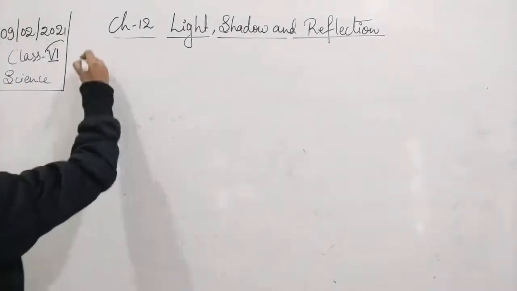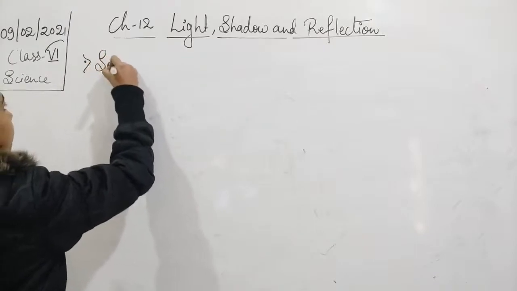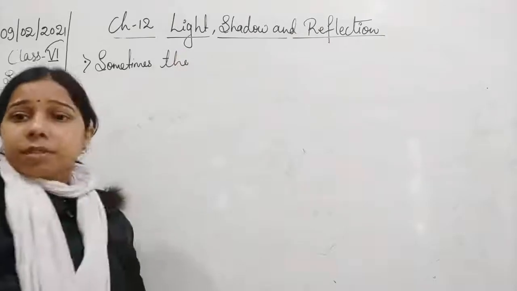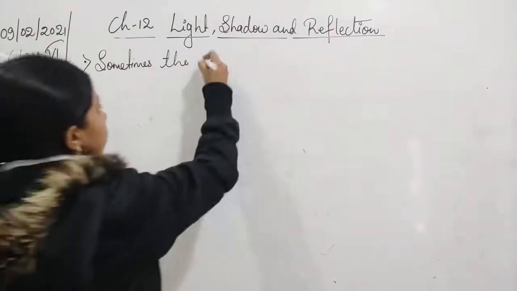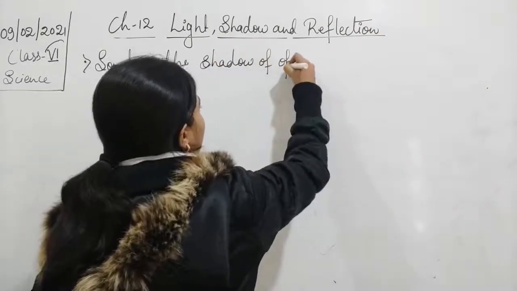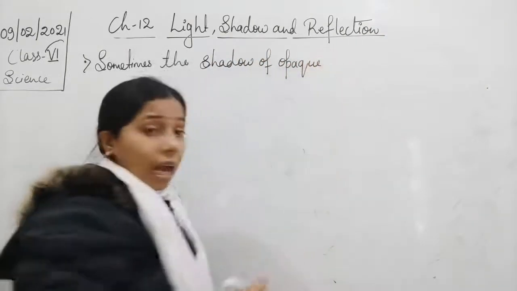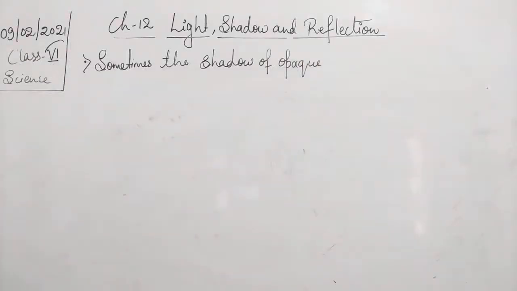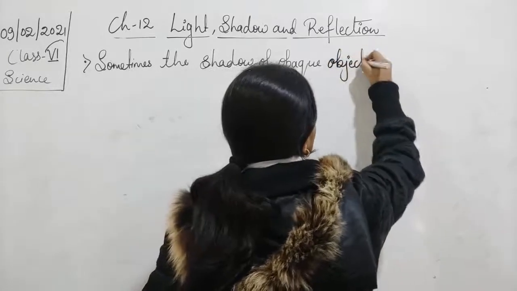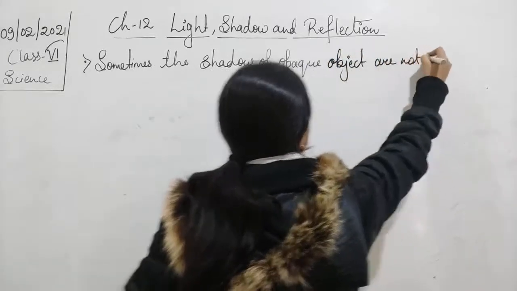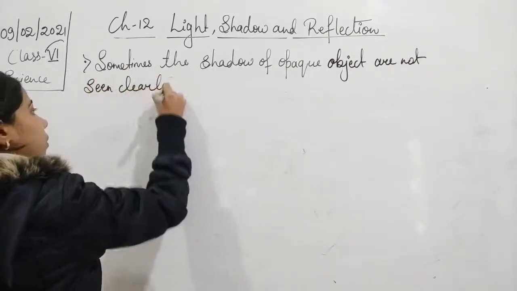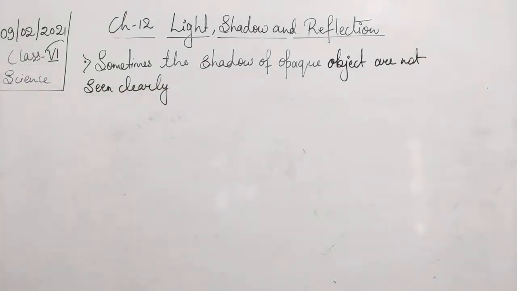Okay, so we can write it, that sometimes the shadow of an opaque object is not seen clearly.